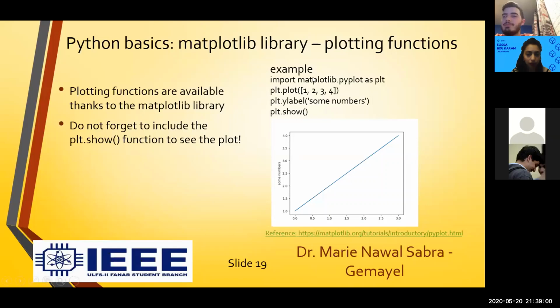Then you say ylabel, xlabel, whether you want a grid or not. You put all the functions below each other, and at the end, after defining everything, you say plt.show, and it is going to show you the plots. It doesn't always show in the same place. It depends on your IDE and the options you have. It can show in a different window or in a pop-up window, but it will show you a graph.